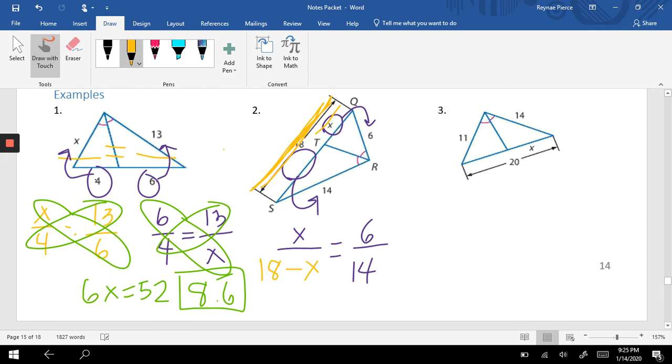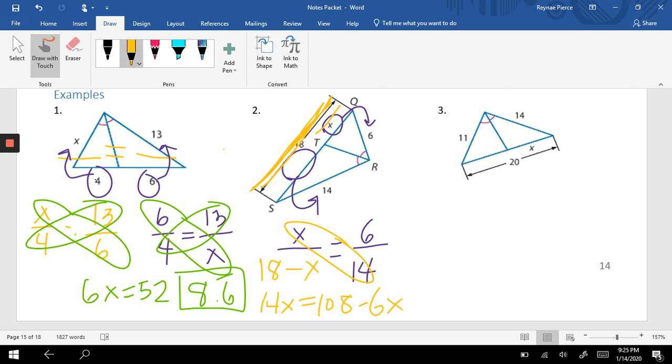And so then we've got 14x equals 108 minus 6x.